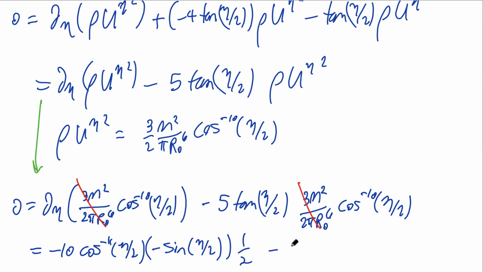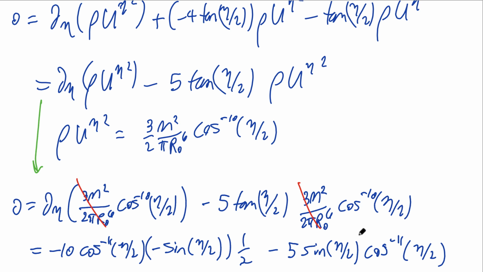And this term is minus 5 times, let's write tangent as sine over cosine, so this is sine of eta over 2 times cosine to the minus 11th power of eta over 2.